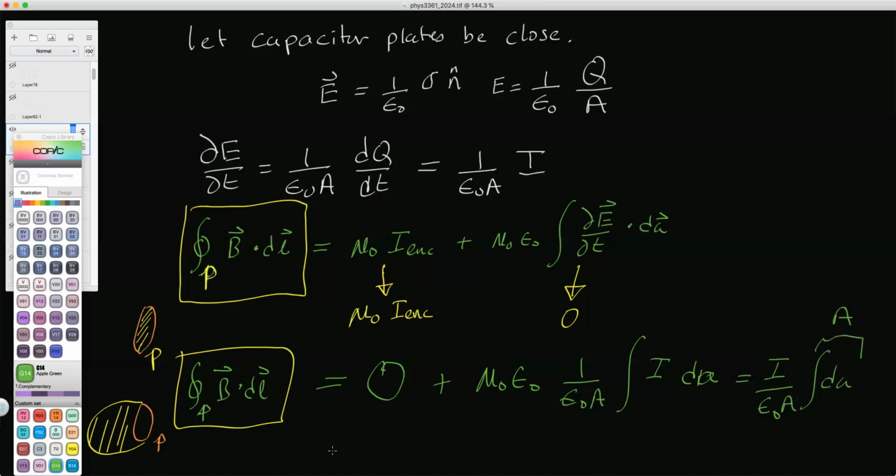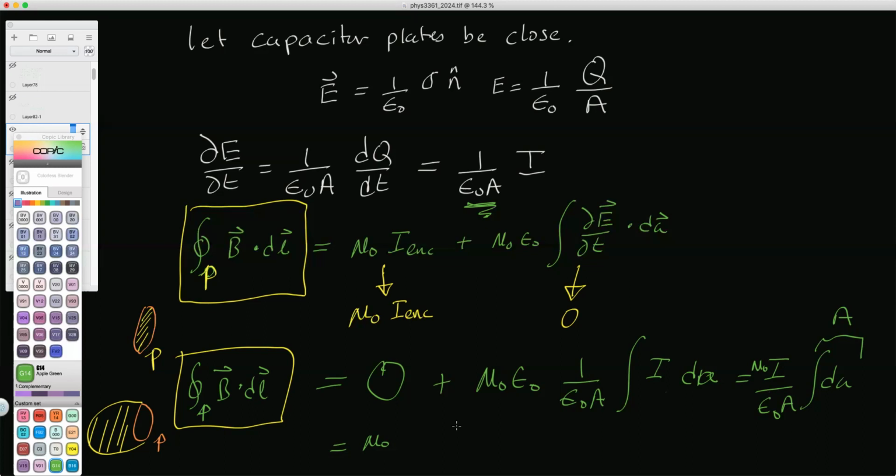And you get dE/dt, 1 over ε0 A. I just left my μ0 out. So μ0, right? Sorry, I'm losing track of all my pieces of ε0 and μ0.